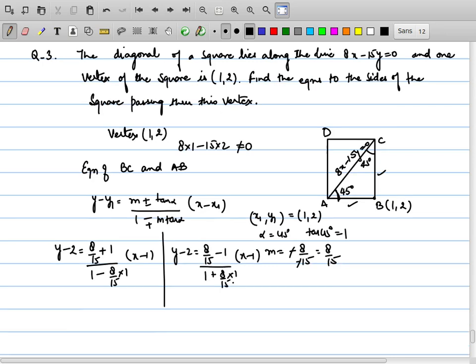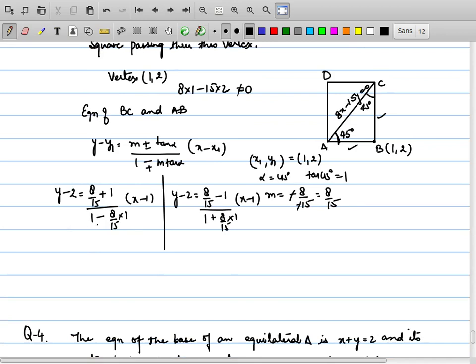So therefore, this becomes y minus 2 equals 15 plus 8, 23, over 15 minus 8, 7, 15 gets cancelled, times x minus 1. Therefore, we have 7y minus 14 is 23x minus 23. So 7y plus 9 is equal to 23x.